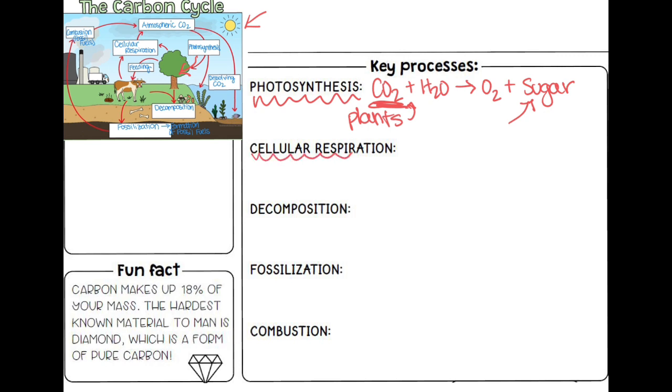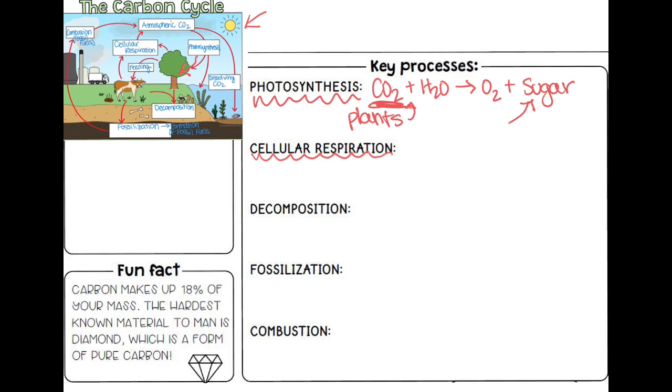Cellular respiration. If you remember photosynthesis from biology, you might remember cellular respiration. So this is actually the opposite of photosynthesis in terms of chemistry.